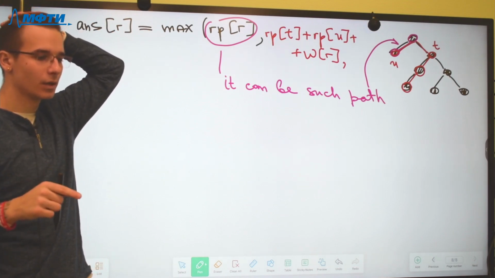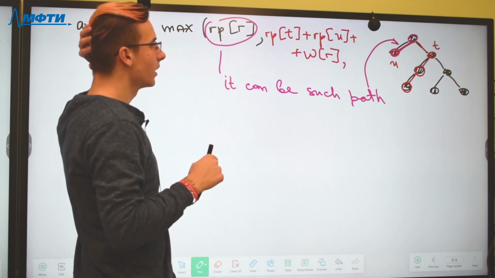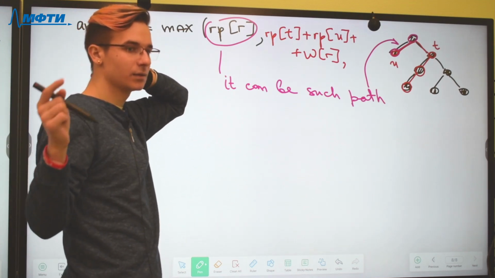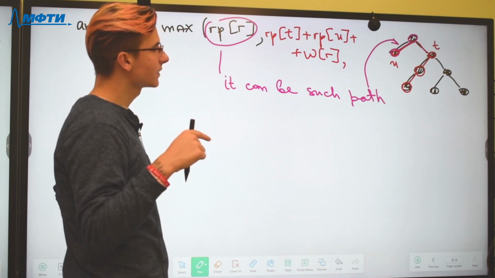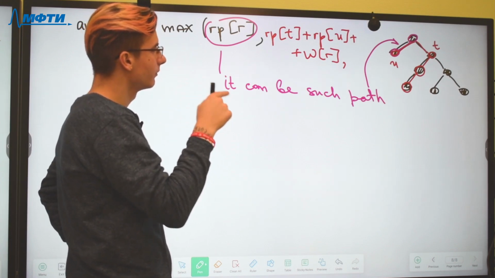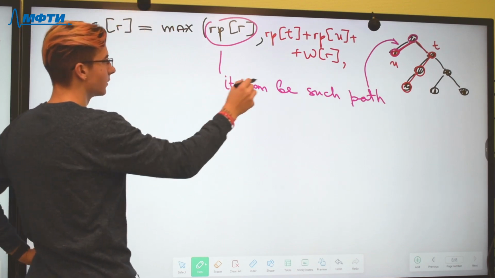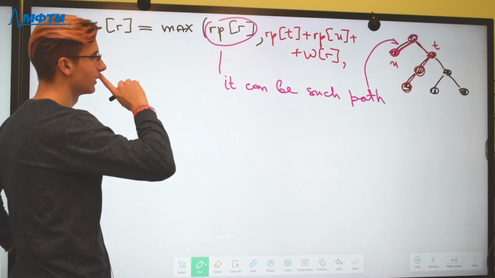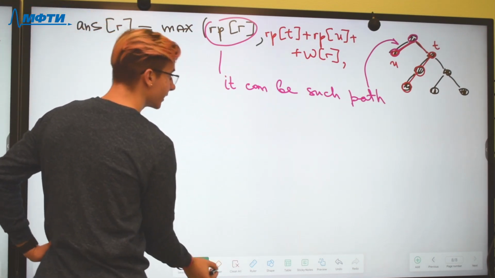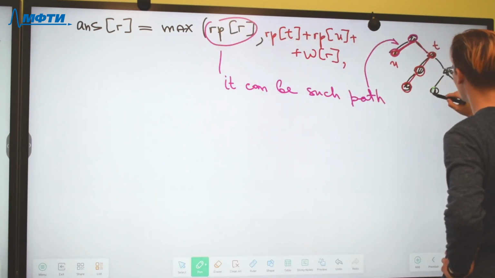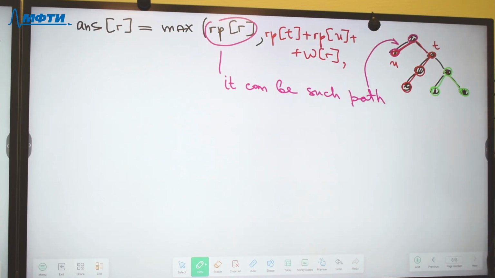But maybe the maximum path doesn't contain the root. And in this way, this path must be in one of the subtrees. So after the comma, I can find, for example, the maximum path as the maximum path in one of the subtrees.